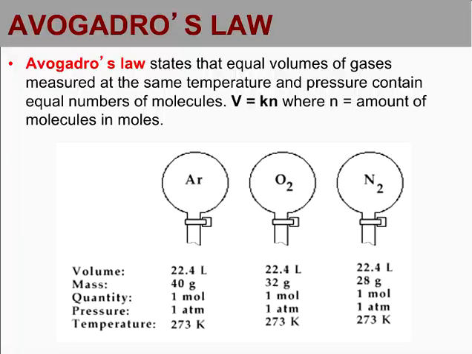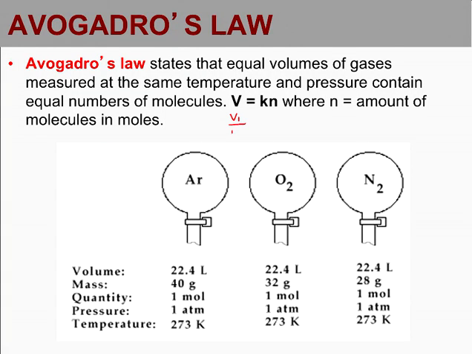of molecules. So for this law, volume is equal to a constant times n, where n is the amount of molecules in moles. So if we rearrange this equation, we can set up a relationship between initial volume and initial amount to final volume and final amount.